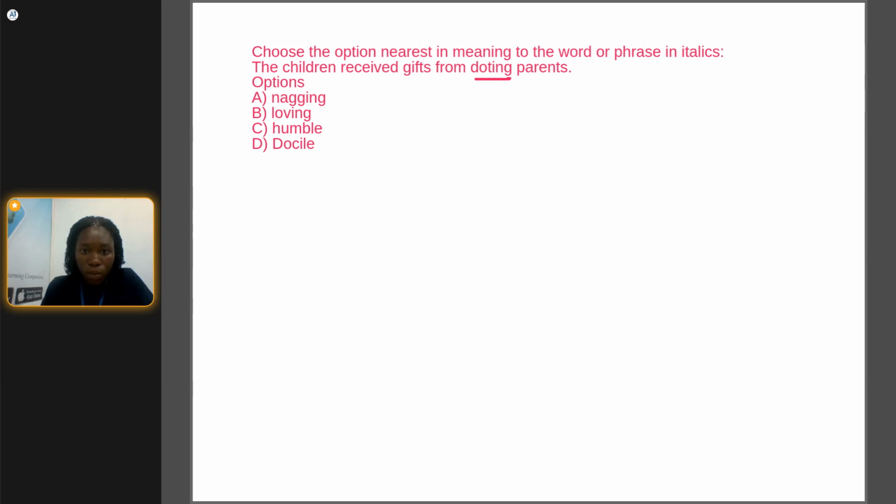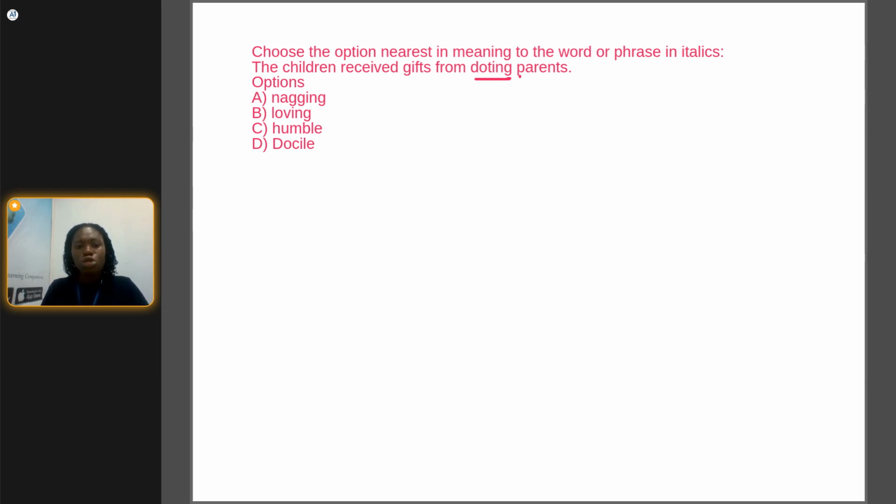All right, so the word we are looking for, doting. Choose the option nearest in meaning to the word or phrase in italics. And in our case, we have it underlined. So: the children received gifts from doting parents. And we have options. We have A, nagging, loving, humble, and docile.